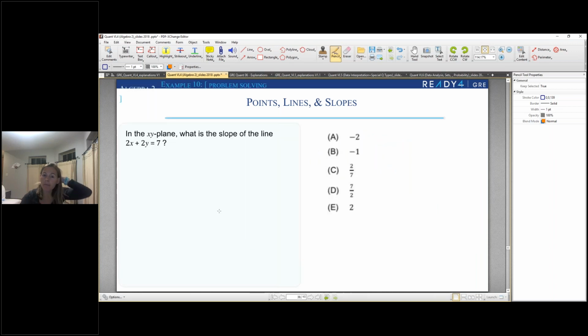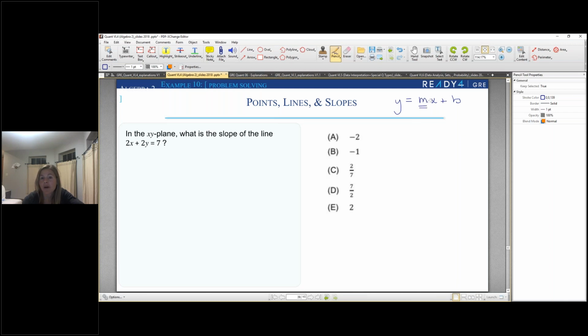Cool. The way to find a slope is something that we call slope-intercept form. y is equal to mx plus b. So if you need to find the slope of something, you transform the equation so that y is alone over here and everything else is on the right side.